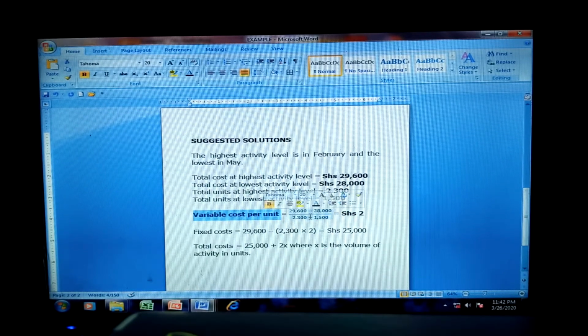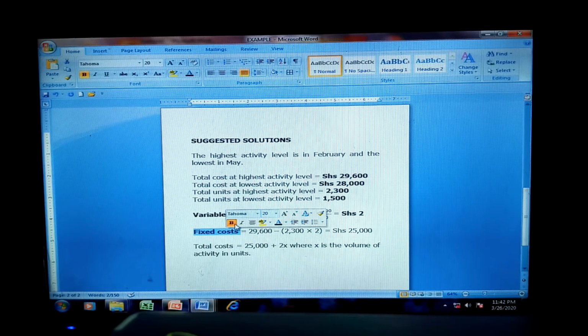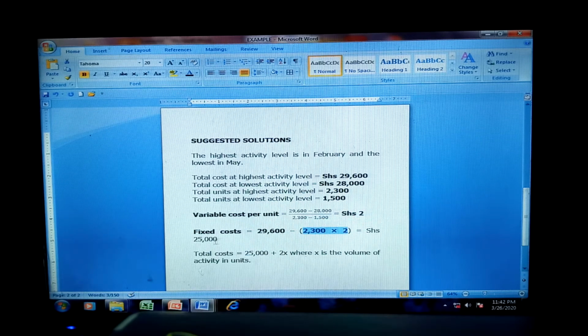Then after getting the variable cost per unit, it simply means that I can get my fixed costs at any activity level. Remember, fixed costs, these are constant costs. So you expect the same cost at any activity level. Now, taking my highest activity level, where the total cost is 29,600, I minus my variable cost from the total cost to come up with the fixed cost portion.